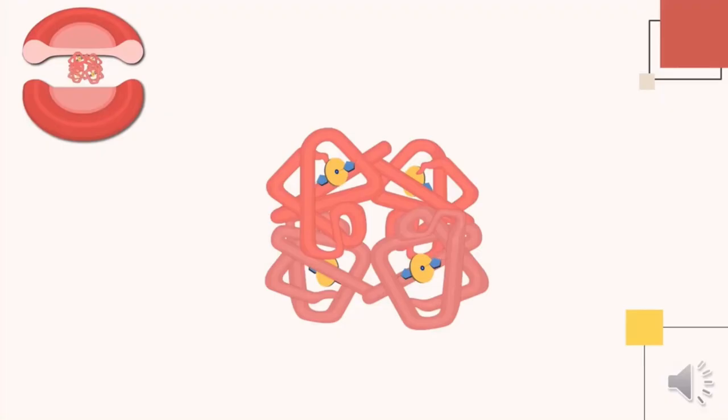So let's take a closer look at the structure of hemoglobin. These are the 2 pairs of globin chains, designated as alpha 1, alpha 2, and non-alpha chains. So these are the alpha chains and non-alpha chains. And in each of these chains, we have a heme group.